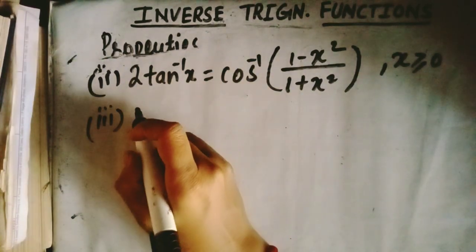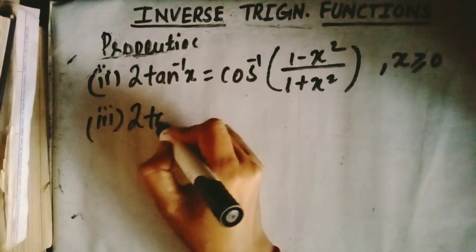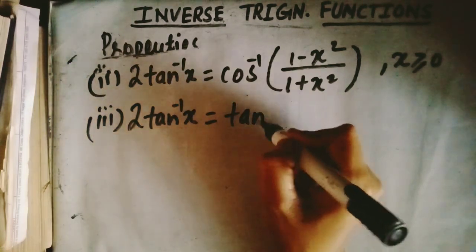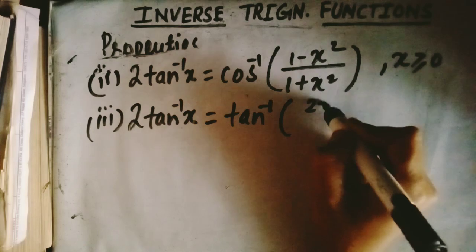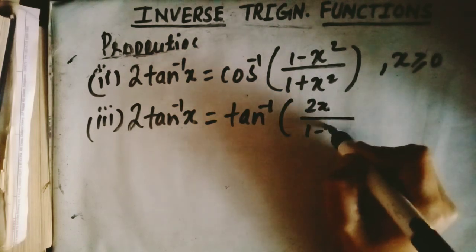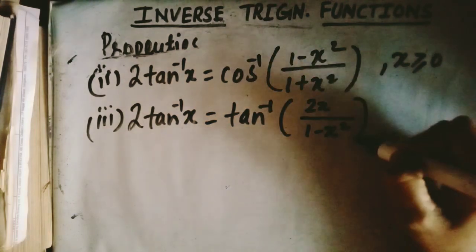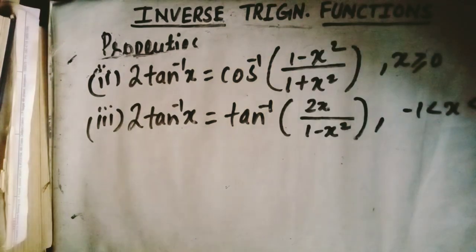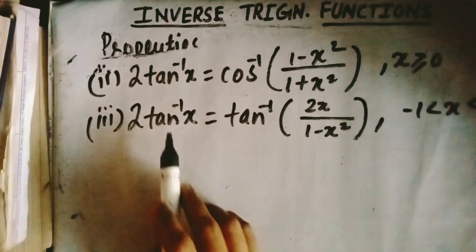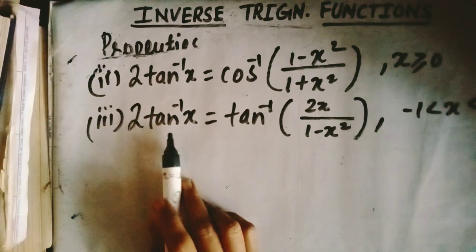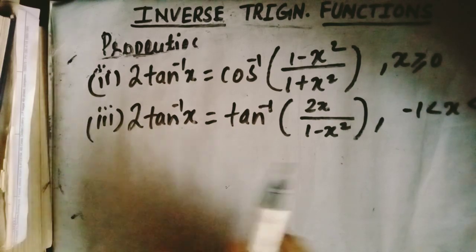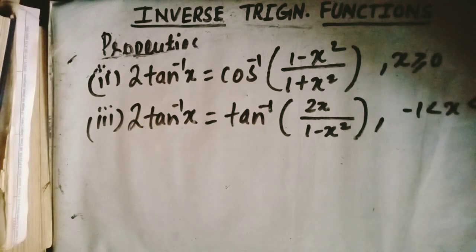Then 2 tan inverse of x is equal to tan inverse of 2x upon 1 minus x square, where minus 1 is less than x less than 1. Here you have to make use of the trigonometric identity related to tan. So these are the properties.